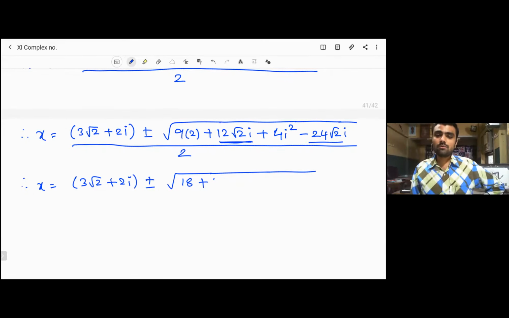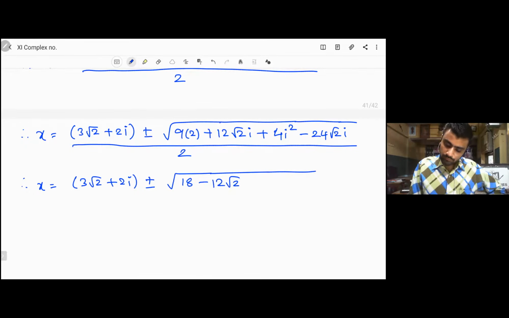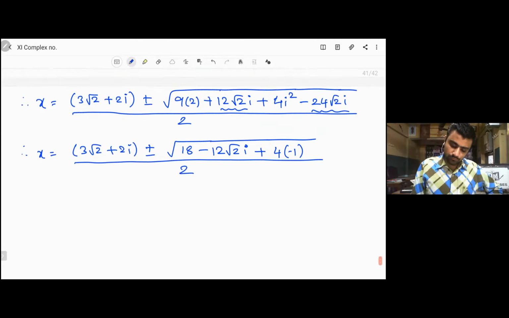So plus 12√2i minus 24√2i is going to be minus 12√2i. Got this point? These two can be simplified as like terms. And plus 4i², in place of i² put minus 1, upon 2.